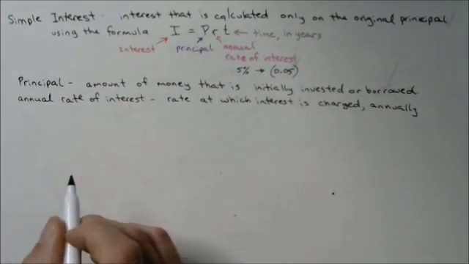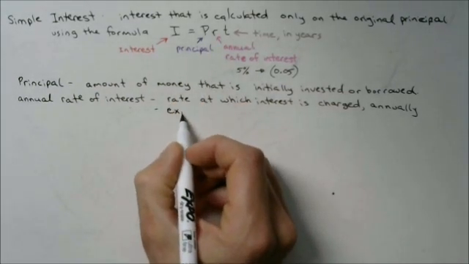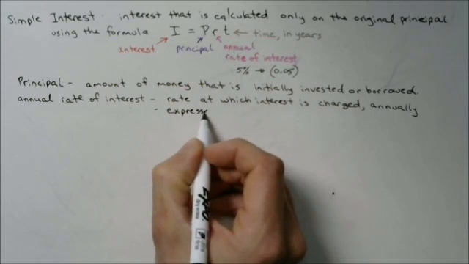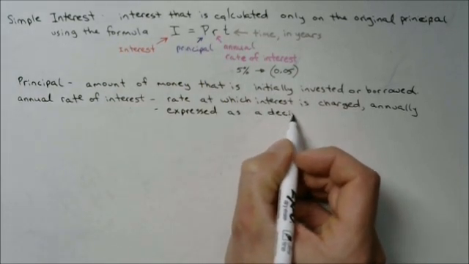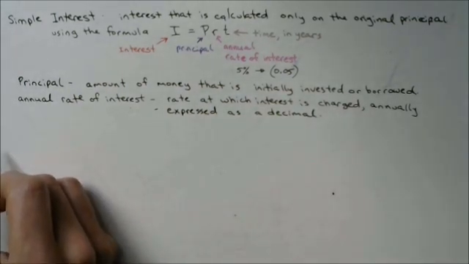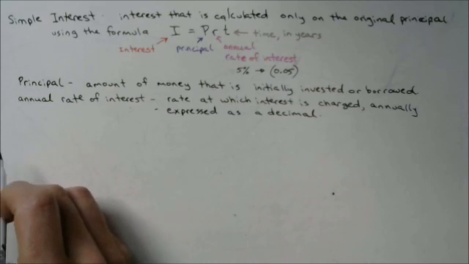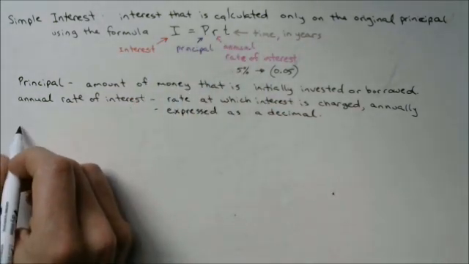That's pretty straightforward. And when we use it in our formula, we express it as a decimal. Familiar with that concept. And another word that we need, which is not from this formula, but amount.